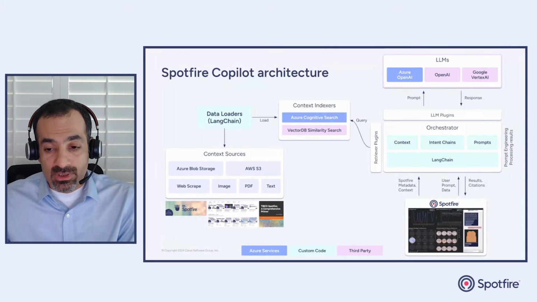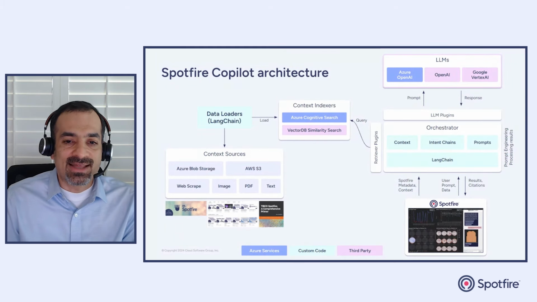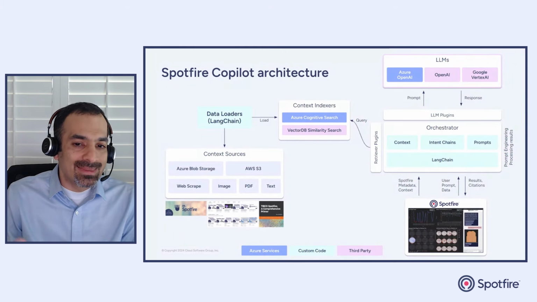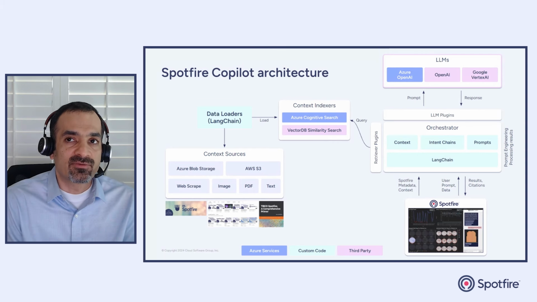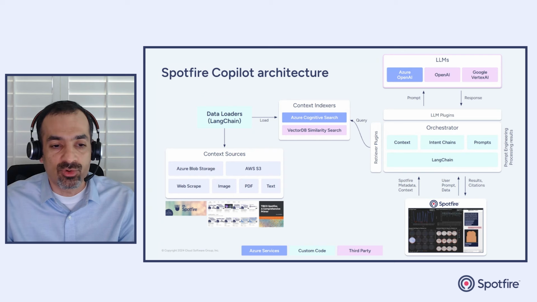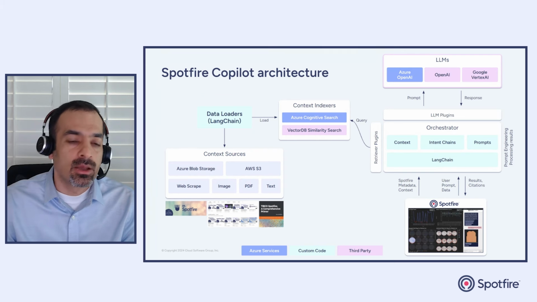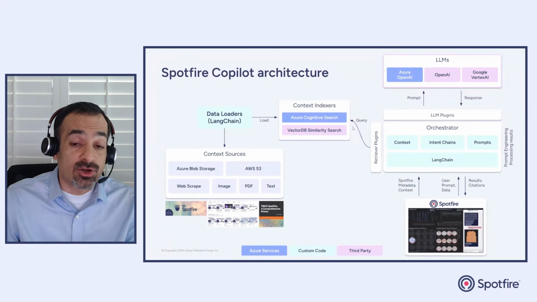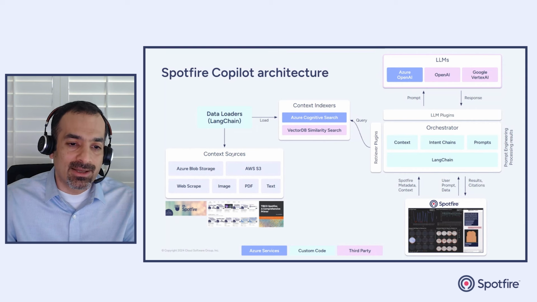Spotfire Copilot realizes that it needs to fetch some extra content from the documents that the customer, the admin persona, has already uploaded here in the backend, and runs a search in real time against that backend of content.